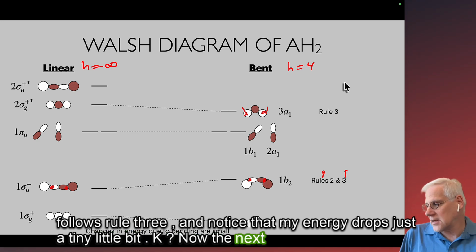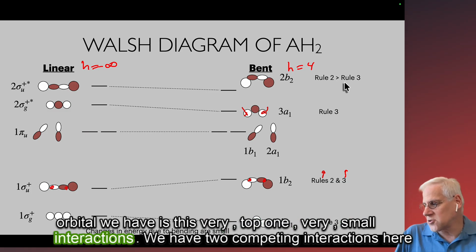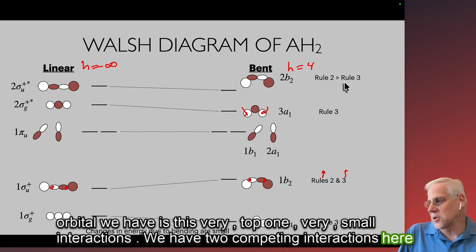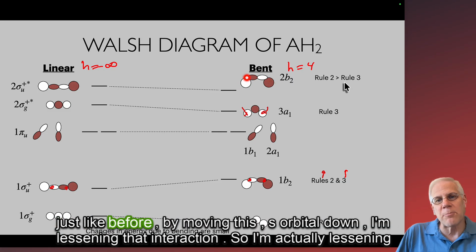Okay, now the next orbital we have is this very top one. Very small interactions. We have 2 competing interactions here as we go to this bent arrangement. So just like before, by moving this orbital down, I'm lessening that interaction.